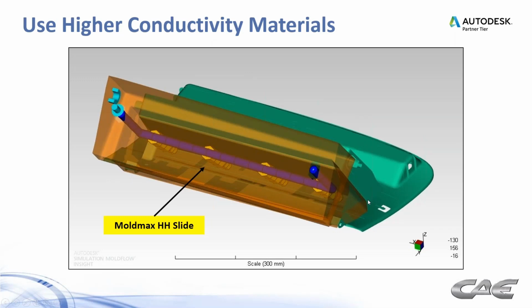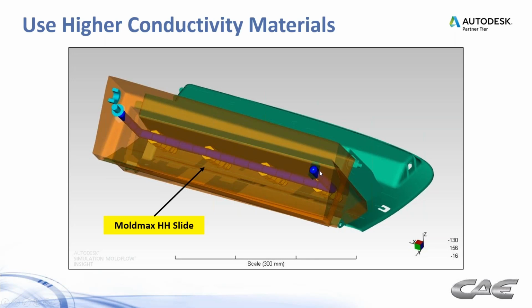So we introduce a MoldMax slide. For those of you who aren't familiar with MoldMax, it's a beryllium copper alloy. Of course, it has a higher thermal conductivity than steel, so it stands to reason that it's going to be able to pull heat out quicker. And that's true, but only if we have a cooling line that is in that MoldMax slide here.